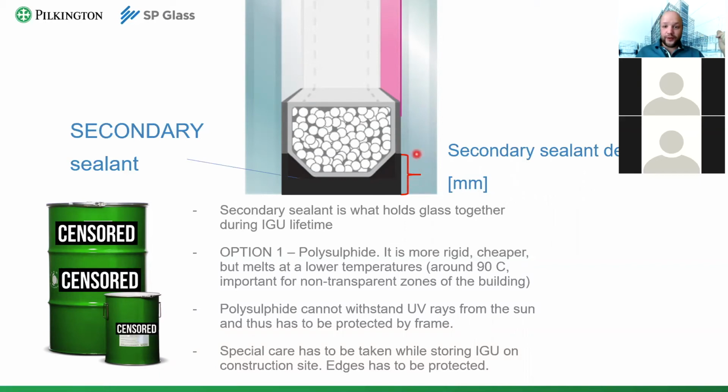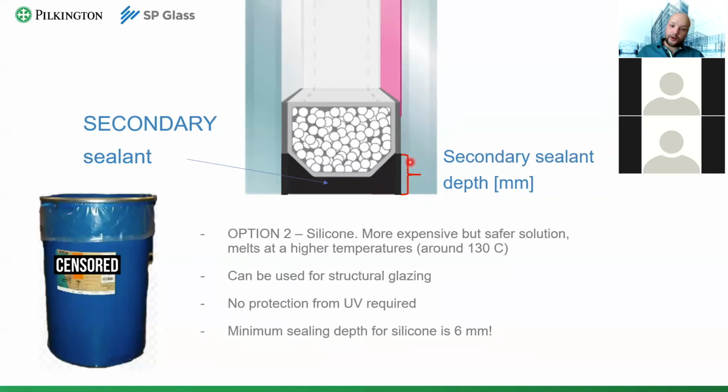And 3 can easily become 2, which will not hold the glass in place. So I'd say minimum 4. So with the tolerance of 1 millimeter, you will get to the usual 3. Now silicone is 6, and this is stated by every silicone producer.